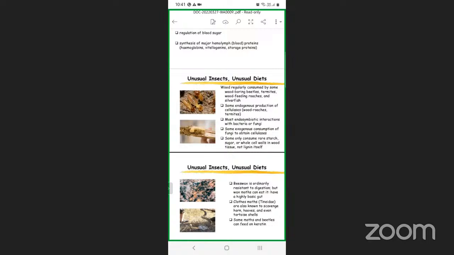These parasitoids usually attack other species of insects, and they also have the capacity to feed on larvae to pupae. Example, you can write wasp.